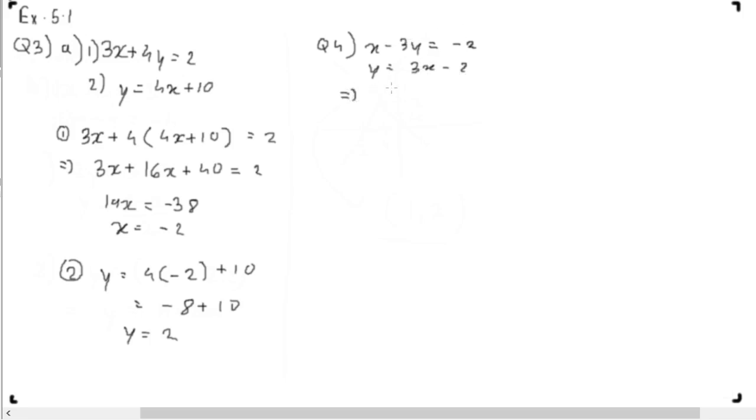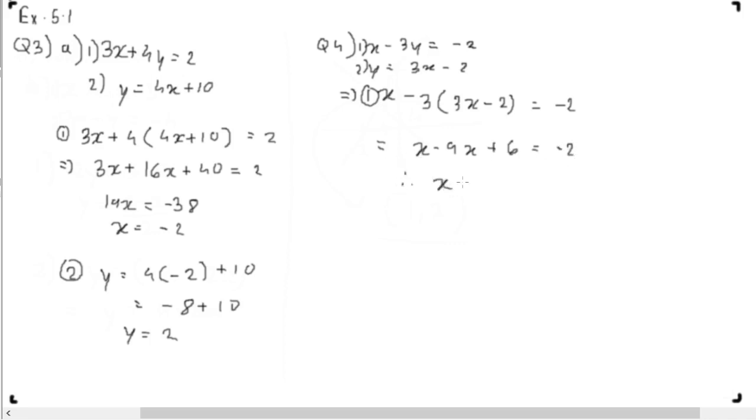For equation 1, x minus 3 into (3x minus 2) is equal to minus 2, right? So from here we can write x minus 9x plus 6 is equal to minus 2.